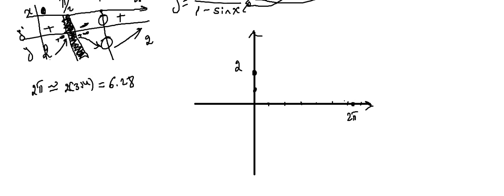What else do we have? We have pi over 2, which is the asymptote. Pi over 2 is 3.14 divided by 2. The answer is 1.57, a little bit more than 1.5. This is pi over 2. And at pi over 2, we have an asymptote, so we have to draw an asymptote over here.